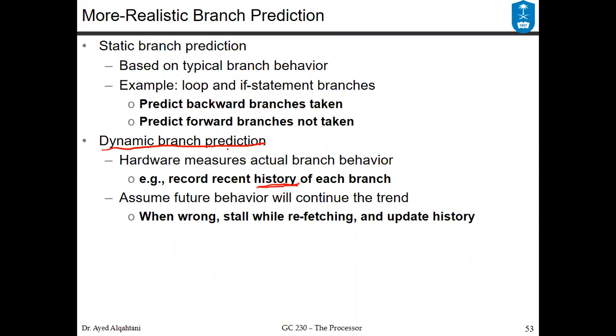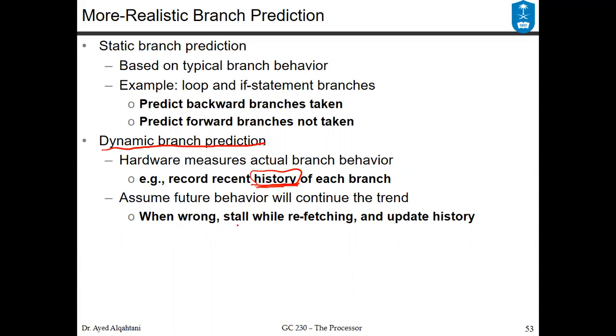You need some places to store history, and you need to know which history you need to store. Do you store the history for all the branches altogether, or for each branch by itself, you record its own history, and so on. You assume future behavior will continue the trend, and this is the main idea behind the dynamic branch prediction. Now, even with the dynamic branch prediction, your prediction could be wrong.